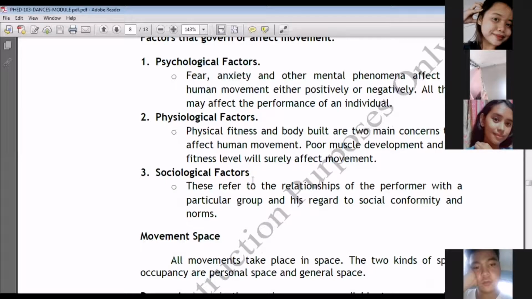How? Give us a concrete example. Ma'am, kunwari may problem ka or anxiety, maapektuhan yung performance mo kapag may competition tapos meron kang problem or anxiety.